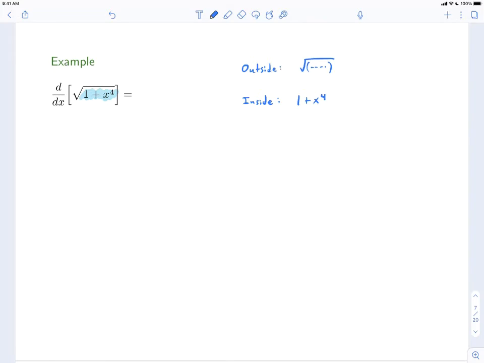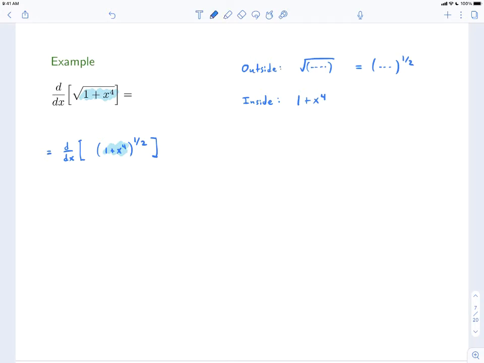Now we may wish to rewrite our outside function as something to the 1/2 because we want it to look like something to a power because we know how to differentiate something to a power. So in fact, this is the derivative with respect to x of 1 plus x to the 4 raised to the 1/2. And this is nice because now we can see that 1 plus x to the 4 is actually inside parentheses, and that's very often the case.